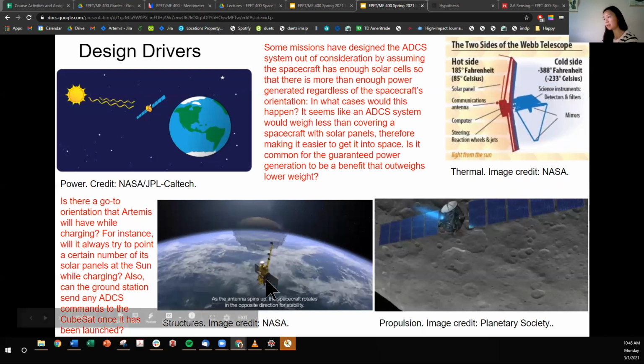For structures, for SMAP, for example, we were talking about flexible appendages. That large antenna mesh is rotating, so the ADCS needs to compensate for that rotation by rotating the other way. And then for propulsion systems, we've already talked about you need to point your thruster in a certain direction to align it with, say, the velocity vector.